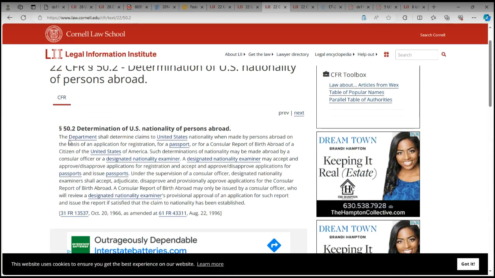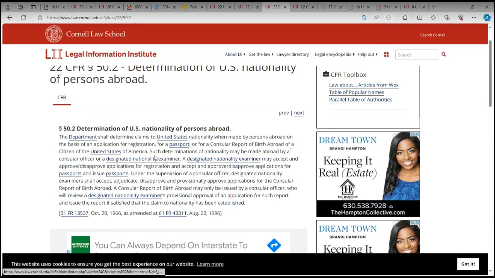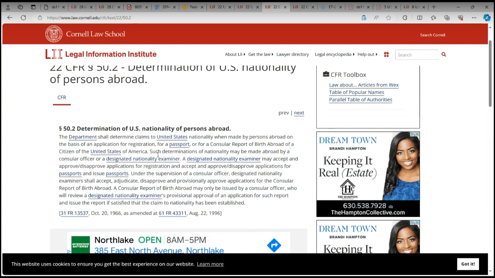The department, to continue though, shall determine claims of United States nationality when made by persons abroad on the basis of an application for registration, for a passport, or for consular report of birth abroad of a citizen of the United States. Such determinations of nationality may be made abroad by a consular officer or a designated nationality examiner.